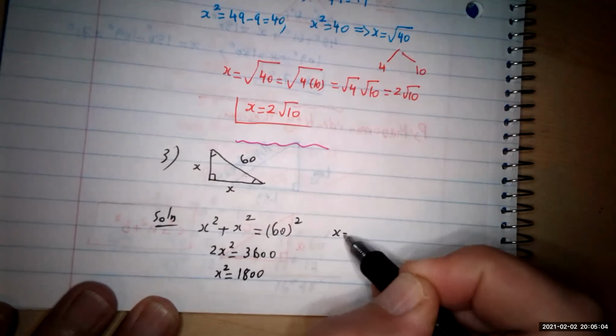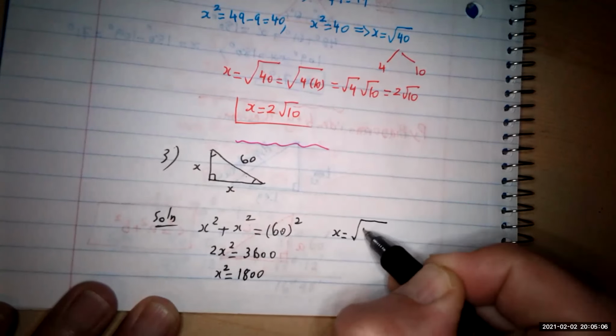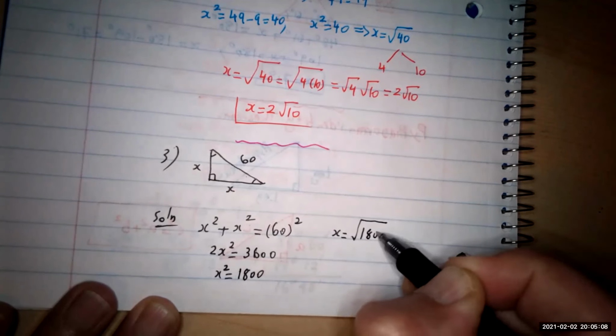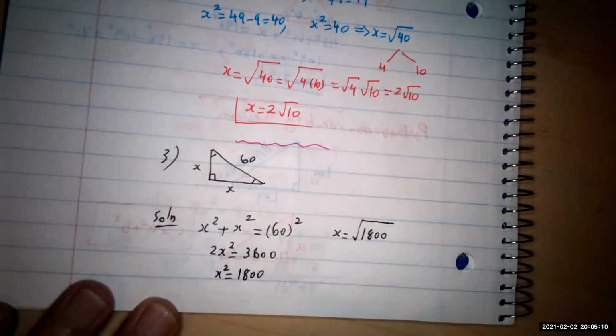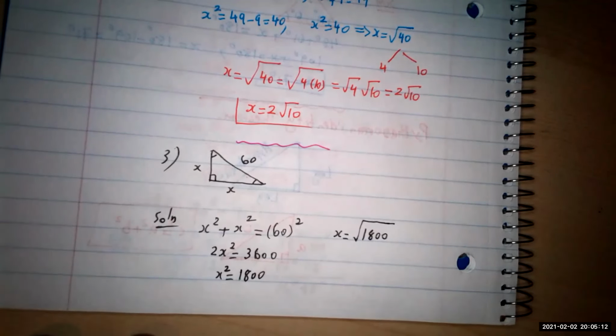Now we have to find x. So x is going to be the square root of 1800. Remember, you cannot use a calculator. So you can simplify it a little bit, because this is not going to be a perfect square.